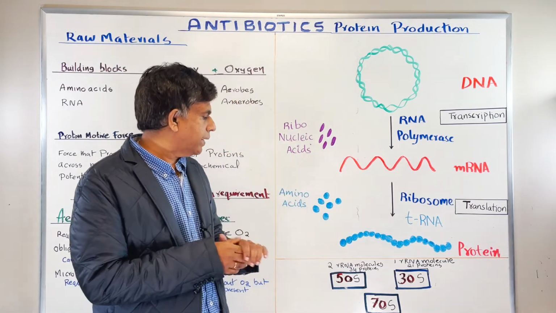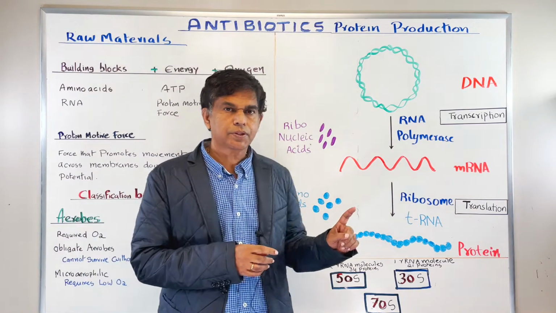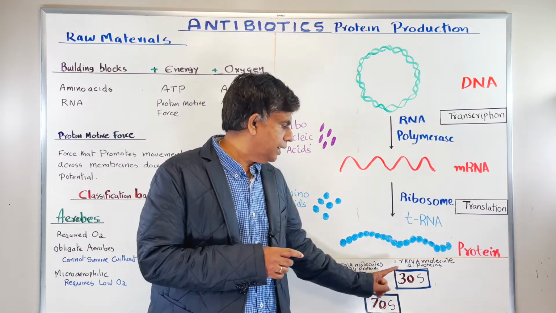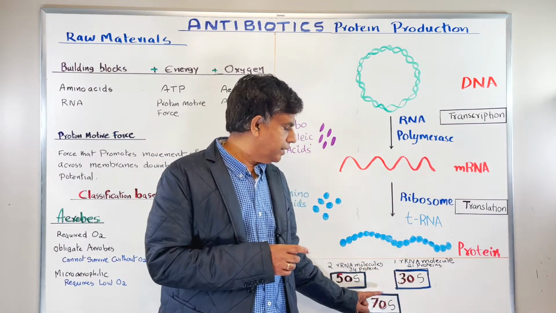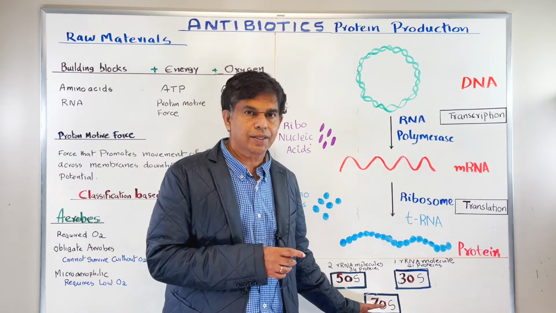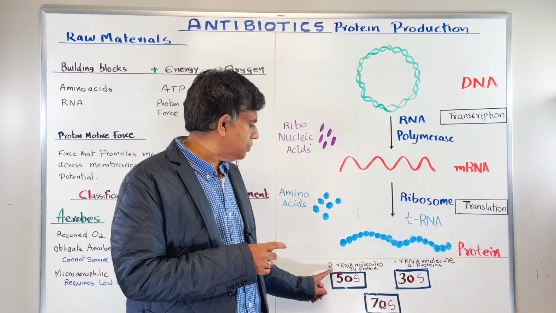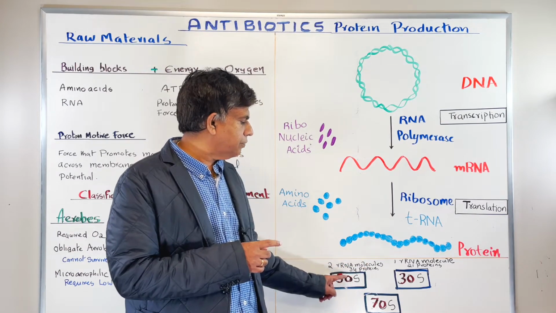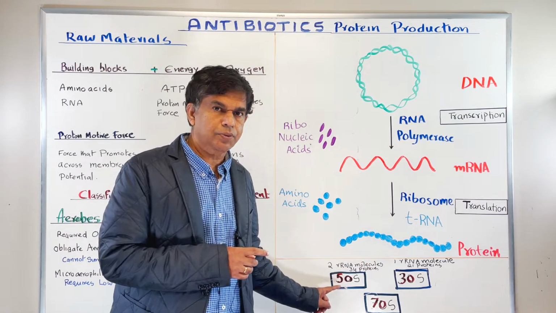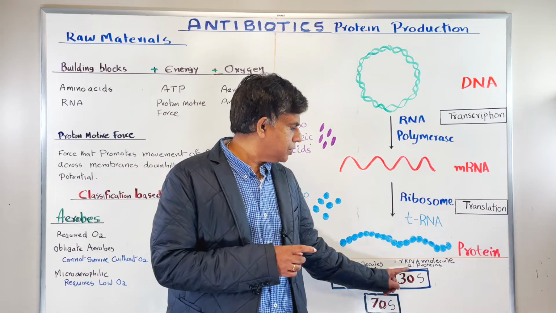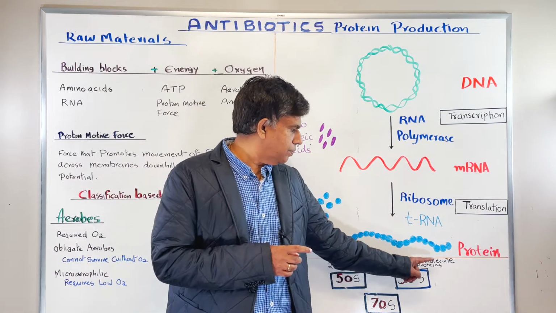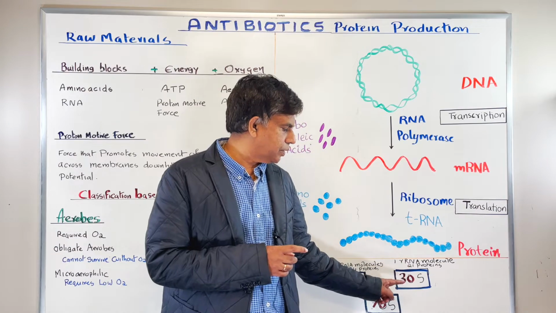It has two subunits: a 50S subunit and a 30S subunit, which together make a 70S ribosome. The 50S subunit has two rRNA molecules and 34 proteins, and the 30S subunit has one rRNA molecule and 21 proteins.